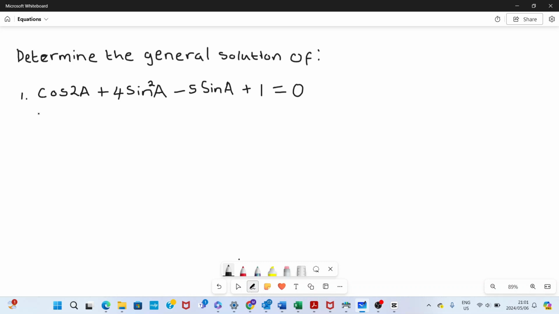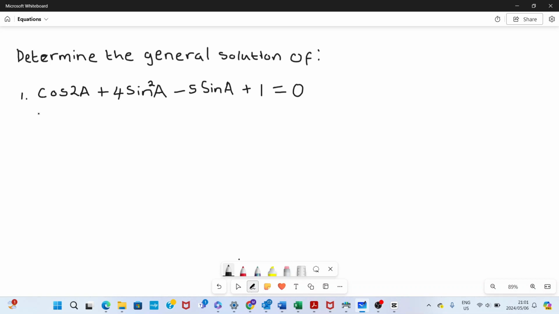Welcome to today's lecture. We are going to go through this question today. We are going to attempt to determine the general solution of this given equation. We are going to apply our knowledge of trigonometric functions and our knowledge of solving for x in order to find the general solution here.